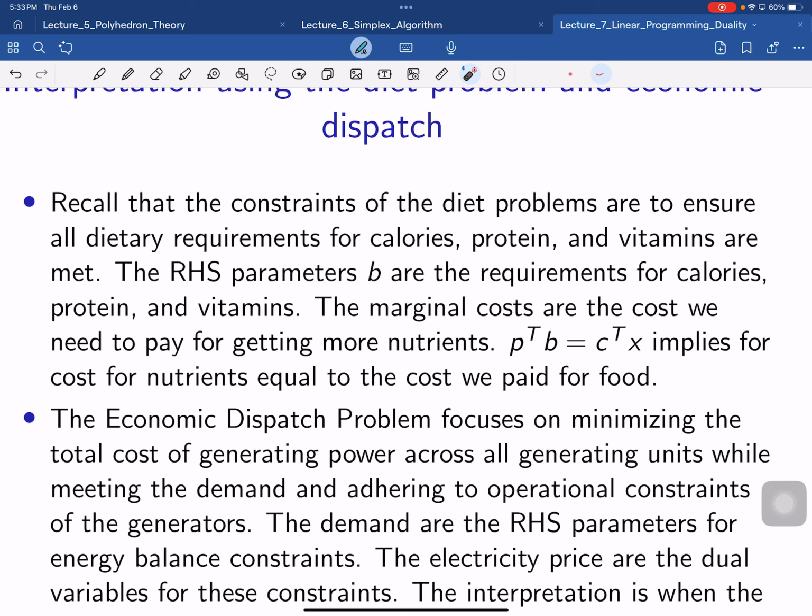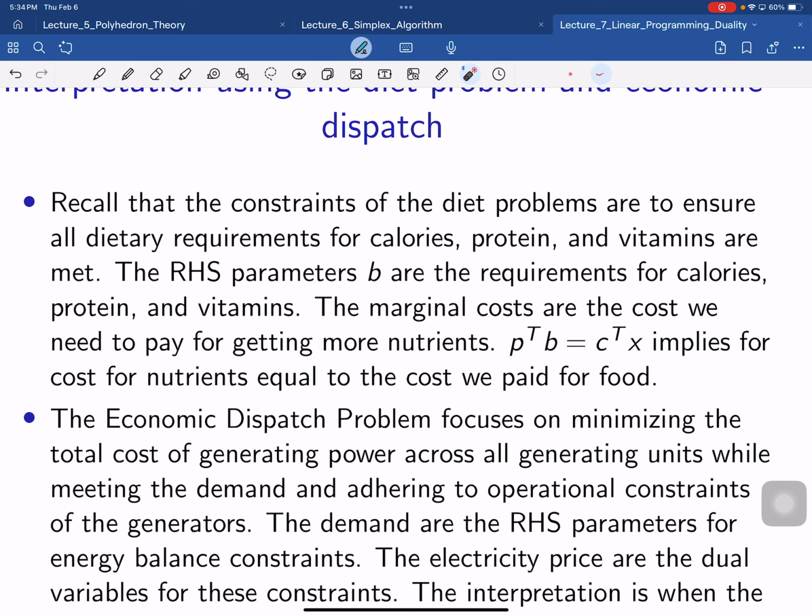and in that linear program, imagine the demand of each customer is a right-hand side parameter. It could be that all the electricity flowing into that customer has to be greater than or equal to that customer's demand. But then how are we going to charge that particular customer? They are just charged by the dual variables for that particular constraint, because you have a sum over the flow into that customer to be greater than or equal to the demand.